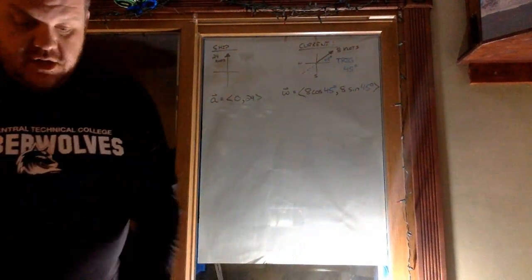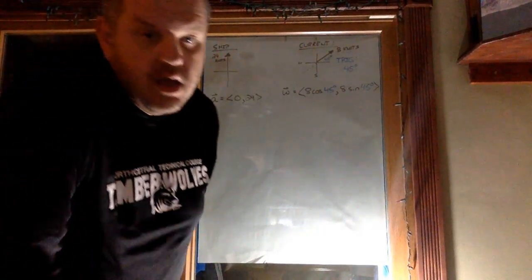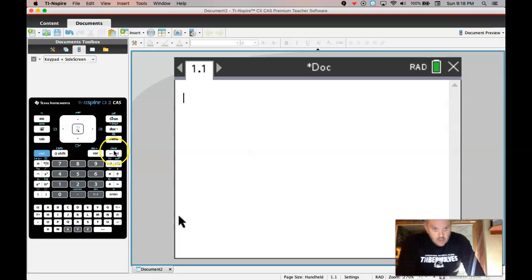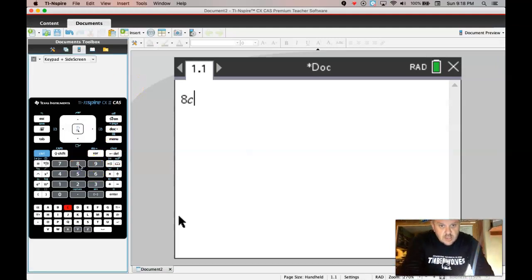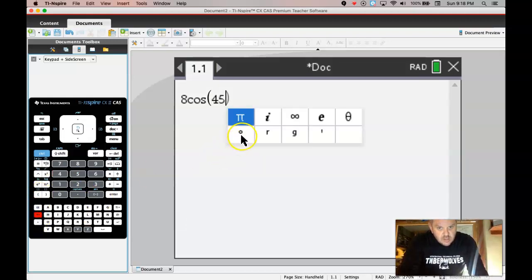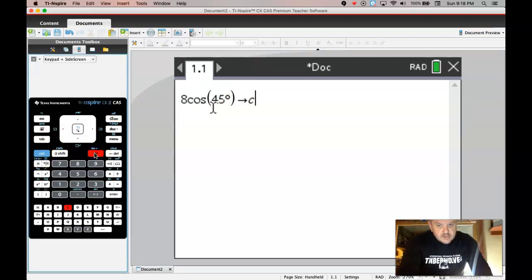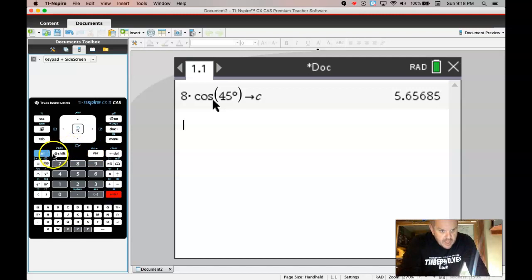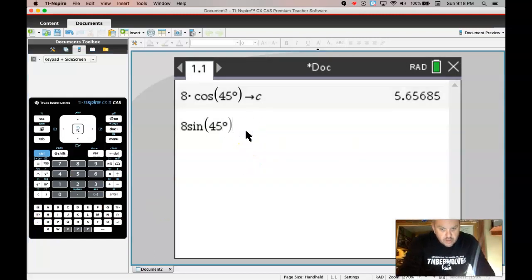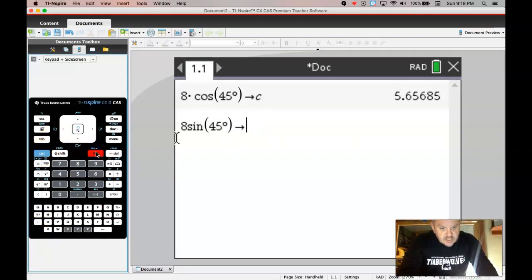So we can go to a calculator. Here's my 8 cosine of 45 degrees, and we're going to store that one as C. Then 8 sine of 45 degrees should be exactly the same, but we're going to store that as D.